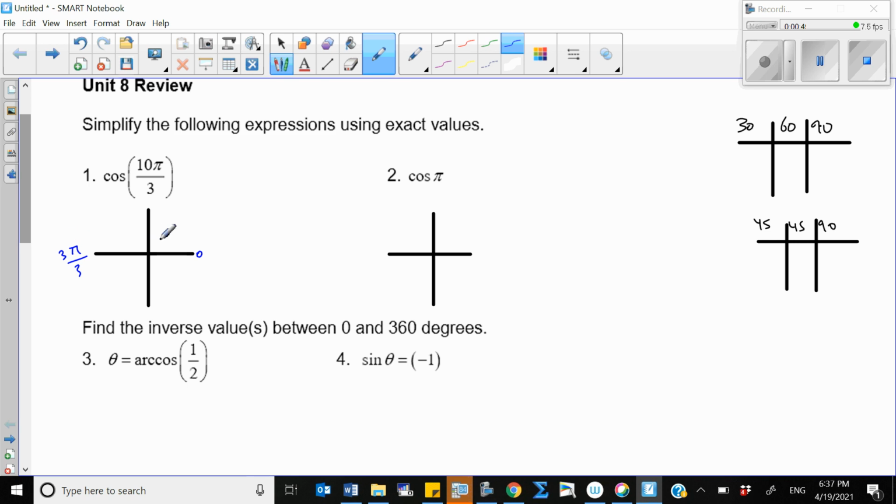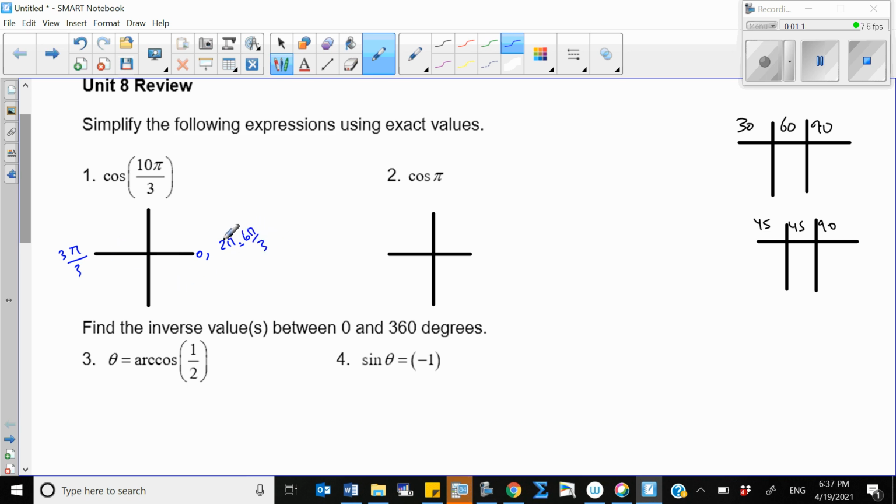If I continue going this way and I go back to this point, I am going to have a full circle, which is 2 pi. But if I want to write it with the same denominator, this will be 6 pi over 3.